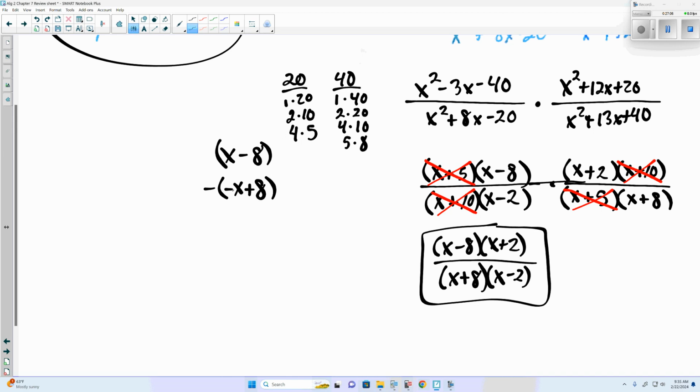The 8 would match up and be positive now, but the x would now be negative. So the only way pulling the negative out works is if both signs are opposite. So where the 8 signs are opposite, the x's would also have to be. If both of them were opposite, then yes, it would simplify out. Does that make sense? Yep.